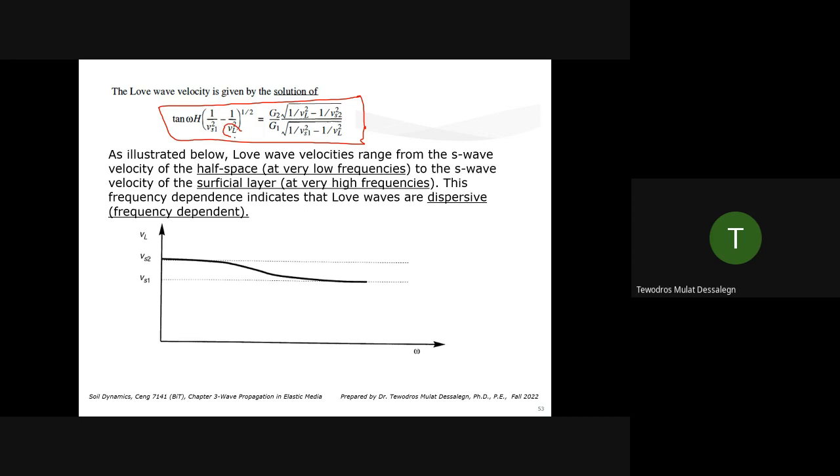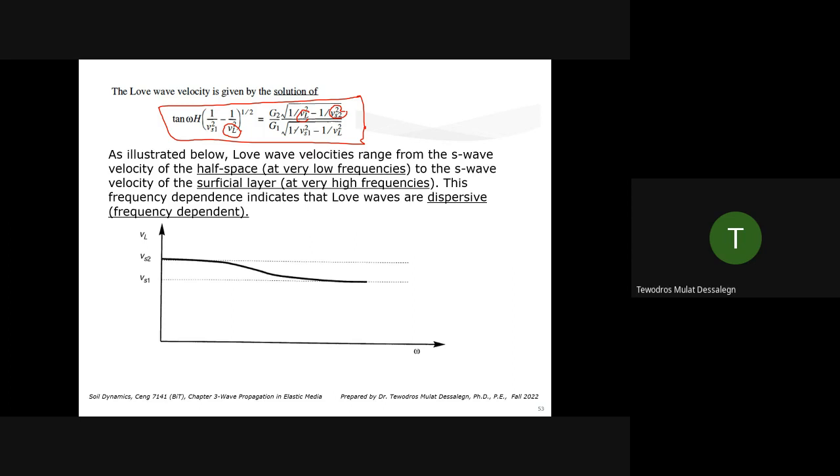VL is the Love wave velocity. G is the shear modulus of the second layer over the first layer, and VS2 is the shear wave velocity in the second layer. So to solve this, you need to solve it for VL. You may have to use something like MATLAB to solve this.